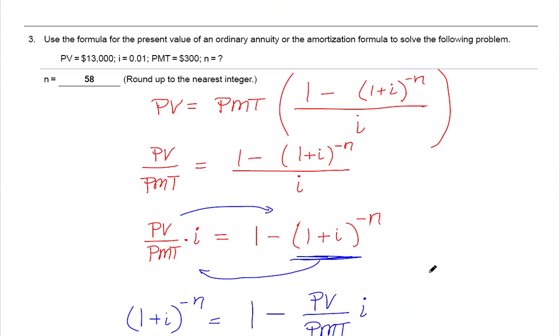All right, so let's see. Here we are given the present value. We're given I. We're given the payment. I need to get my hands on N. Well, N is all tied up here as an exponent. So we're going to have to unravel all this stuff. So first off, divide by the payment. All right, did that. Next, I'm going to multiply both sides by I to get this to cancel.